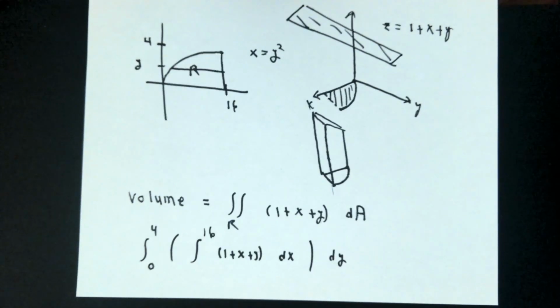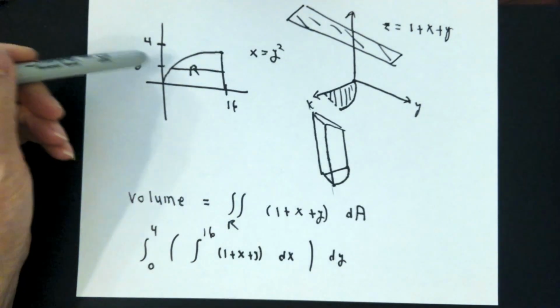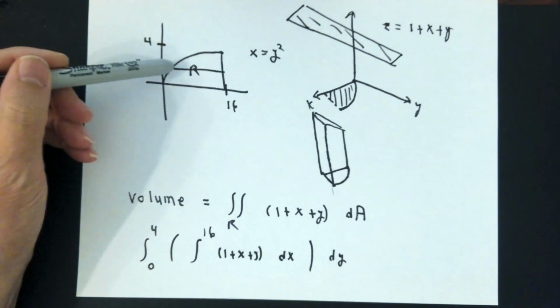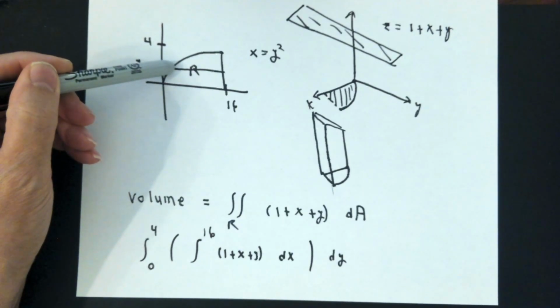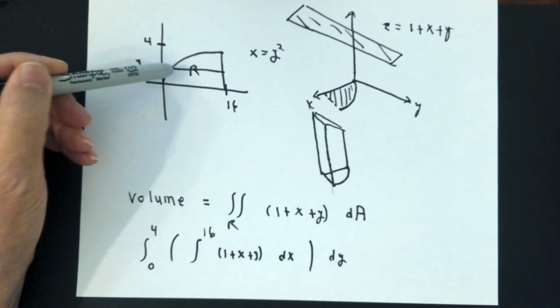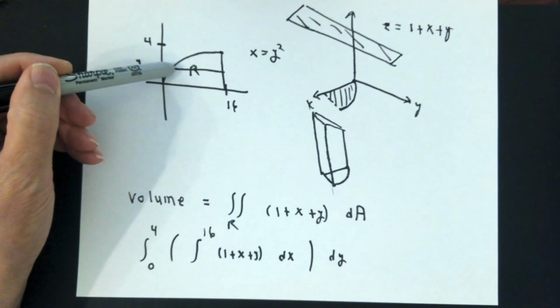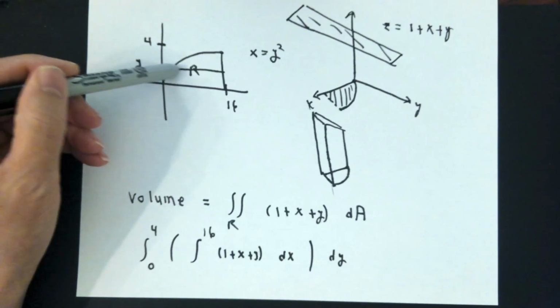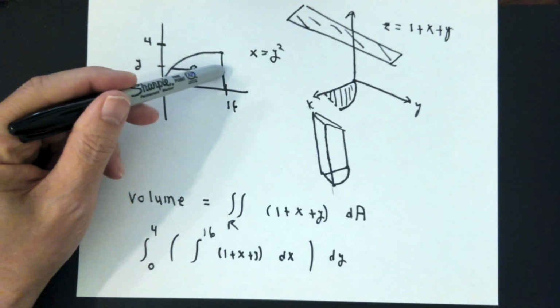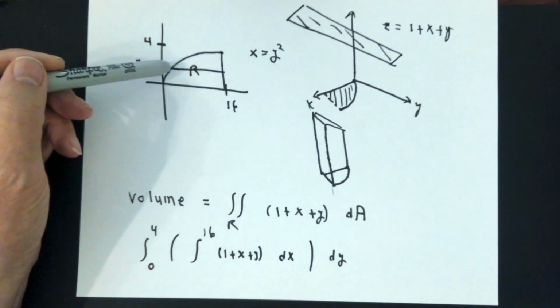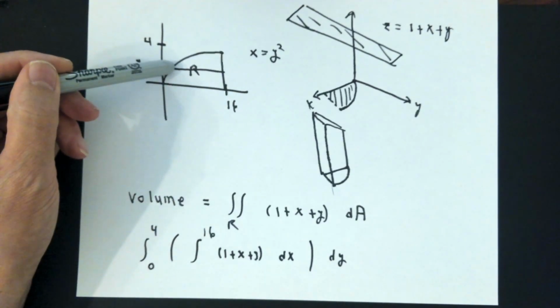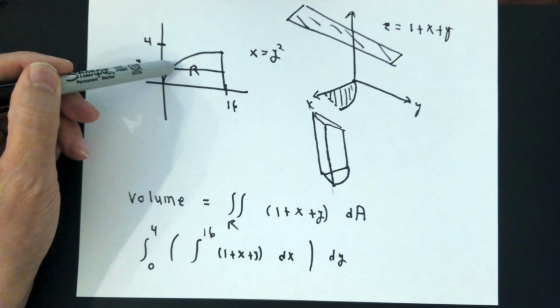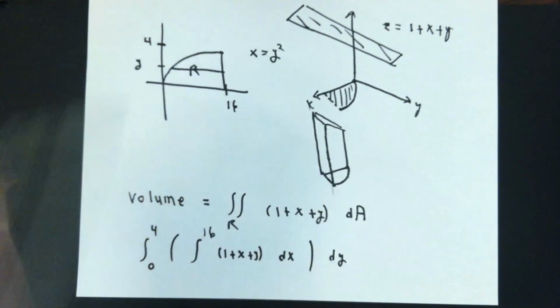On the other hand, for the given y value, the x value has to be at least as big as the x coordinate on the parabola, or bigger, all the way up to 16. I need to write down the x coordinate of the point on the parabola, x equals y squared. Obviously, that's going to be y squared.